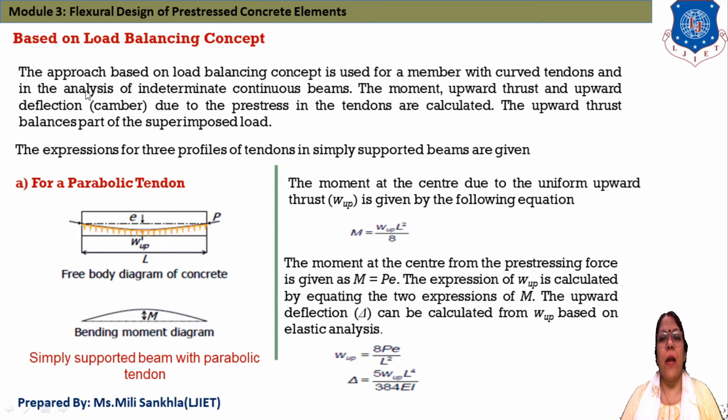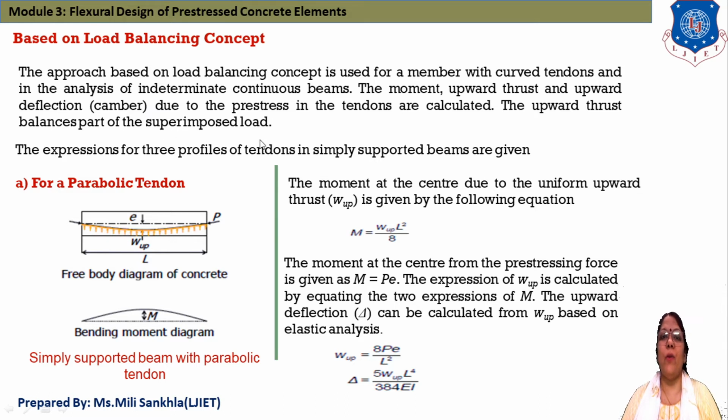Moment and the upward thrust and upward deflection, that is camber, due to the prestress in tendons are calculated. The camber is nothing but the upward deflection. It is a curvature. The upward thrust is the balance part of the superimposed load.